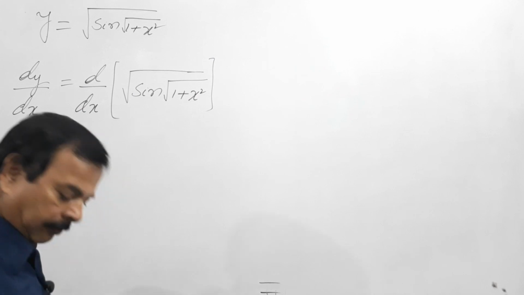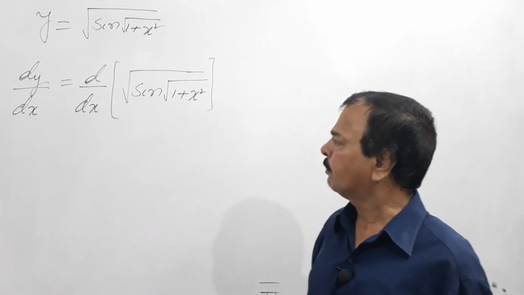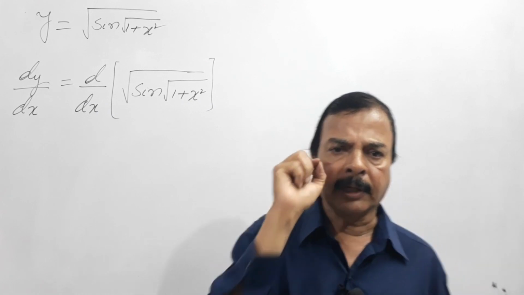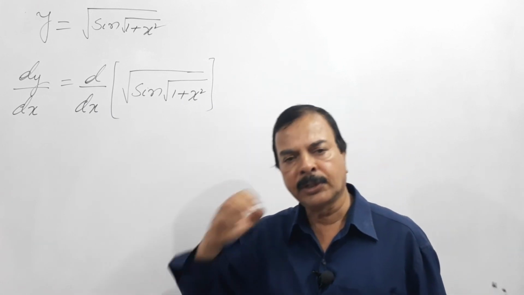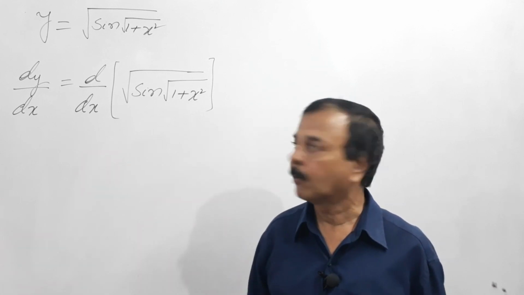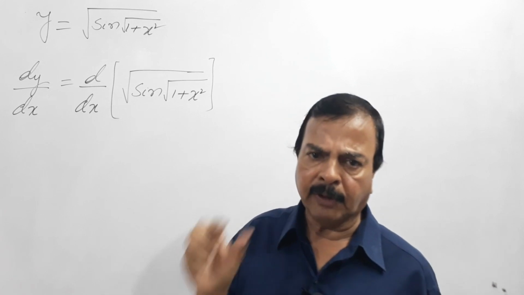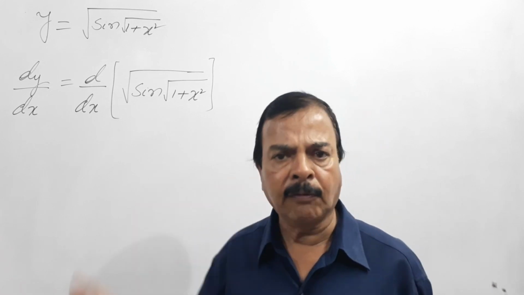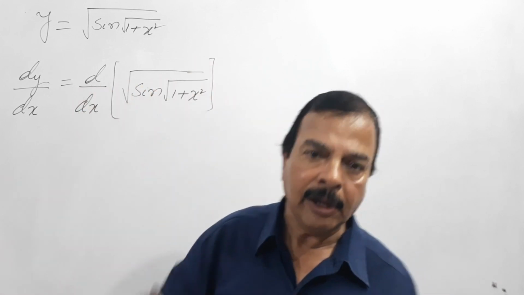So what you need to do here, first, try to recognize the trick behind the problem. Don't straight away jump into solving the problem. First we know d by dx of under root of anything is nothing but half root of that. Let us see how to go about it.